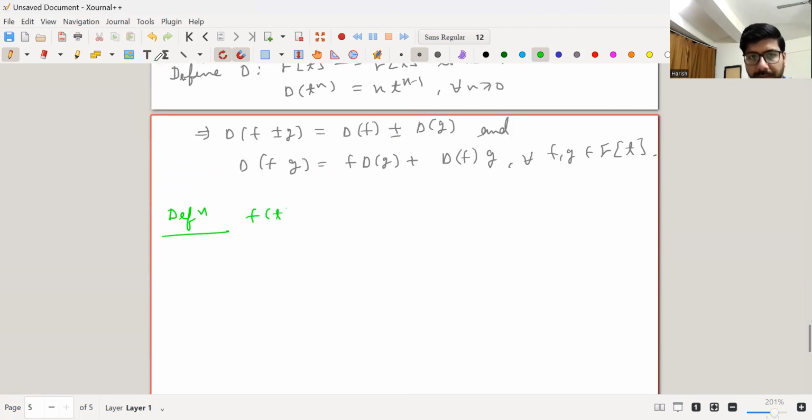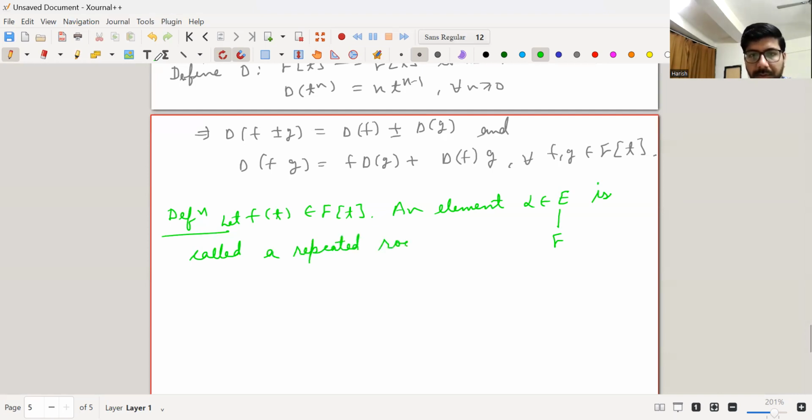So it says that if f(t) is a polynomial in F[t], then an element alpha, which may not be inside F, even if alpha belongs to an extension E of F, is called a repeated root if (t minus alpha) square divides f(t) in E[t].